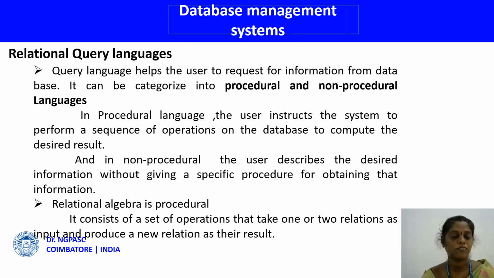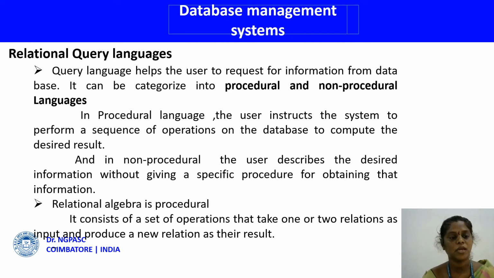He just says, I want to get the balance amount of a particular customer in another branch. Sometimes the problem is like this. In that case, you can use this non-procedural language concept, like XQuery. So these all come under your relational query languages.